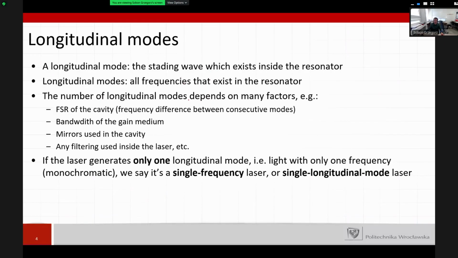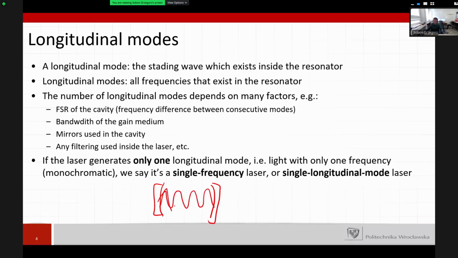So please remember that the longitudinal mode is the standing wave which is existing inside the resonator, right? So we have the resonator and we have a standing wave inside. So this is a longitudinal mode.